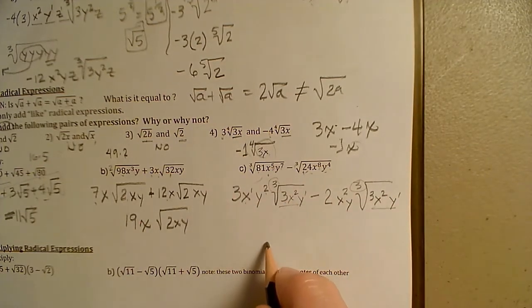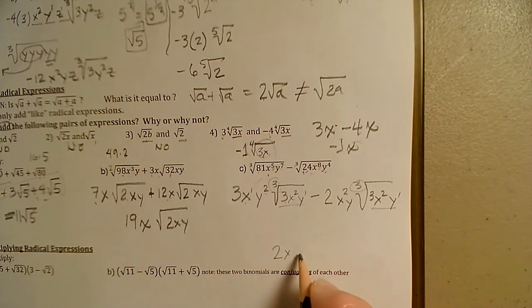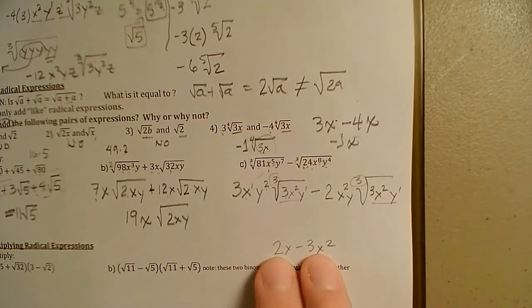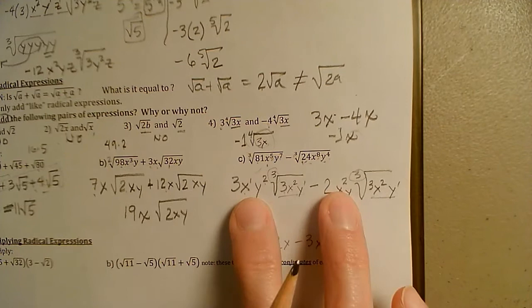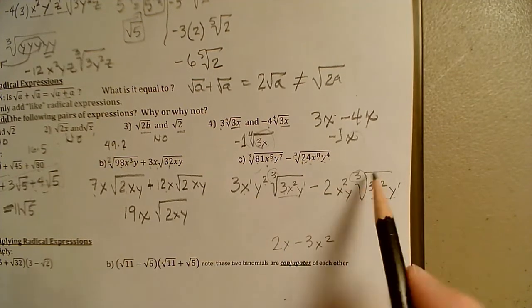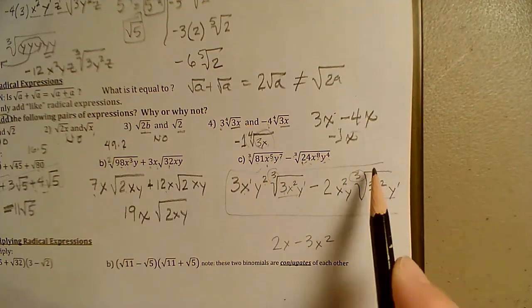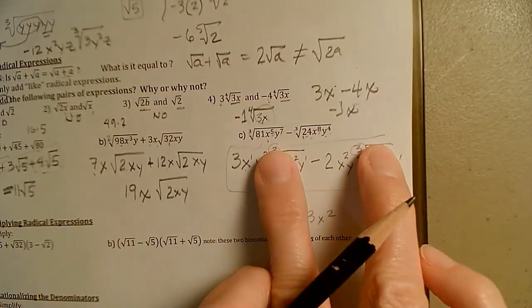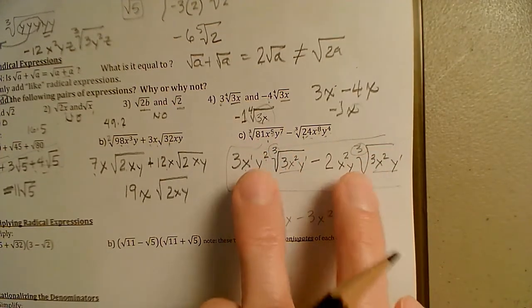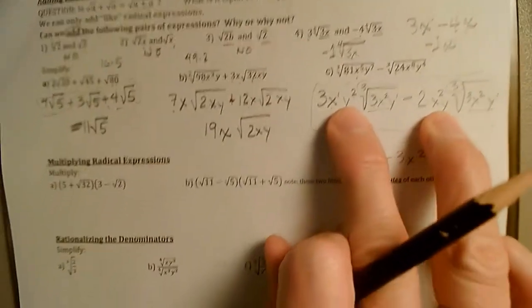So this is like saying something like 2x minus 3x squared, right? I could not combine these because the variables are not the same to the same power. So really, that's all we can do with that. We can't do anything more. Even though the radicands and the indices are the same, the coefficients out in front, which involve some variables, are not the same.